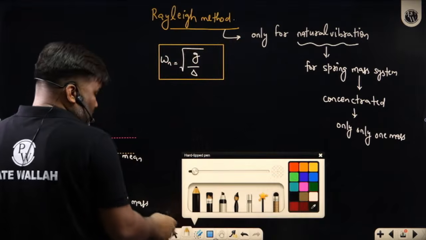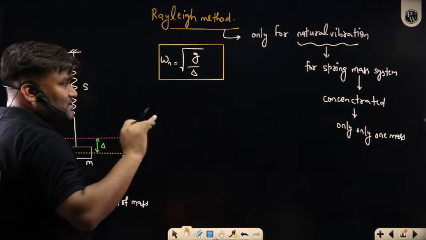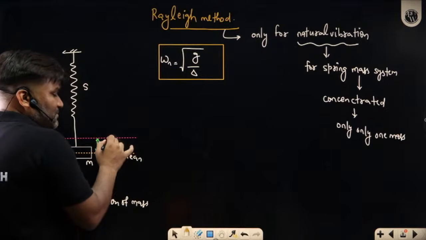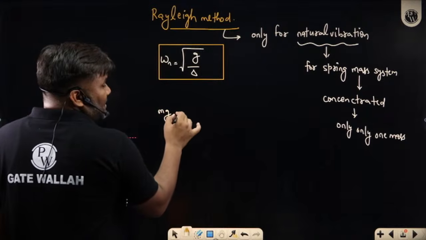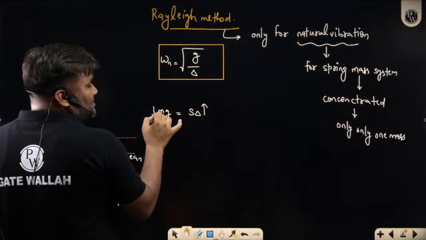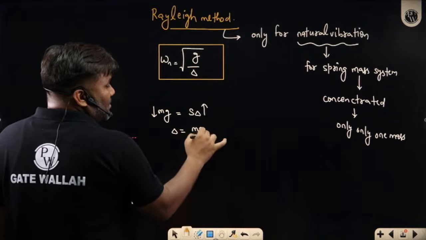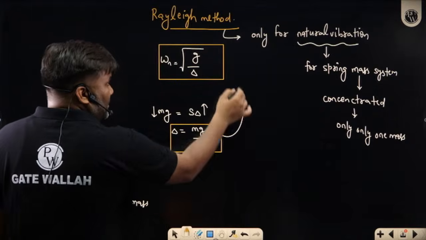What is the value of delta, sir? Yesterday I discussed how I can calculate it. Sir, at the mean position, whatever is the weight acting has been balanced by the spring force. So can I write mg has been balanced by S delta force. The S delta force is in the upward direction, while mg is in the downward direction. So what is the value of delta here? Delta's value is mg by S. Put this value of delta in this formula.